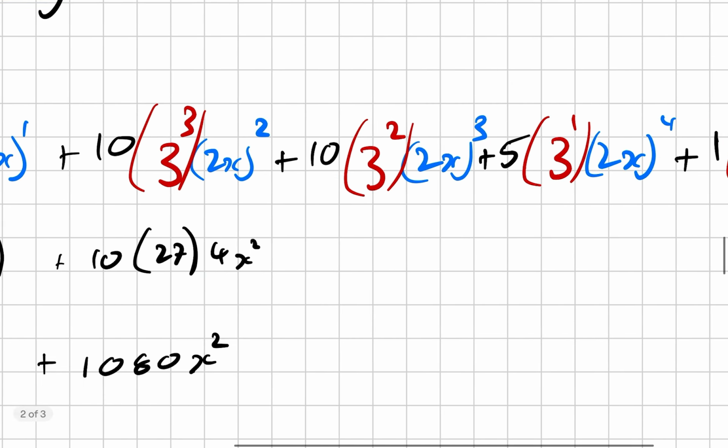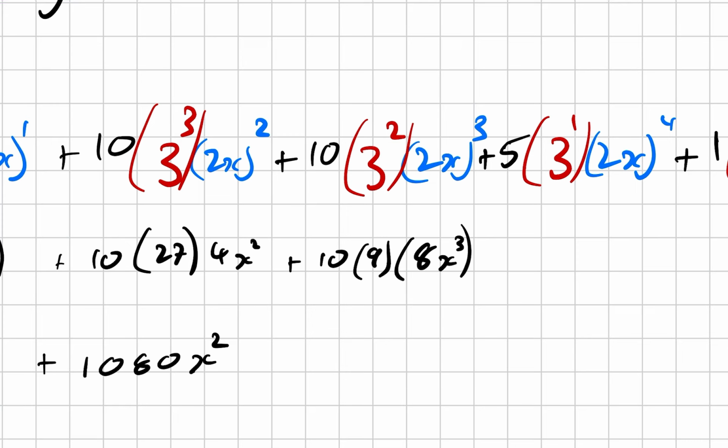Then I go to my next term. I've got a 10 times a 3 squared, which is 9, times (2x) cubed, which this time gives me 8x cubed. So I have 10 multiplied by 9 multiplied by 8x cubed, which is 720x cubed.